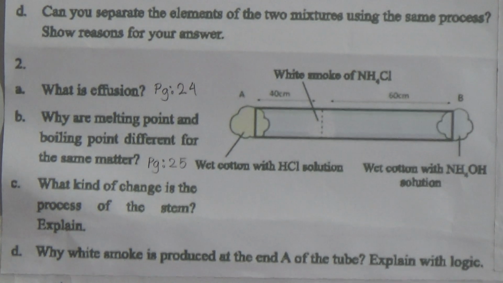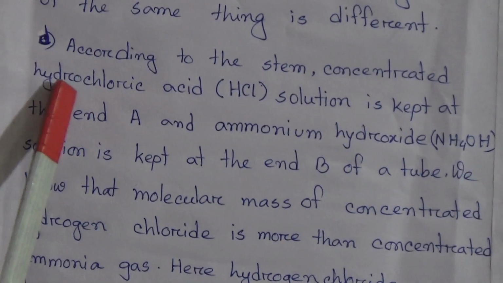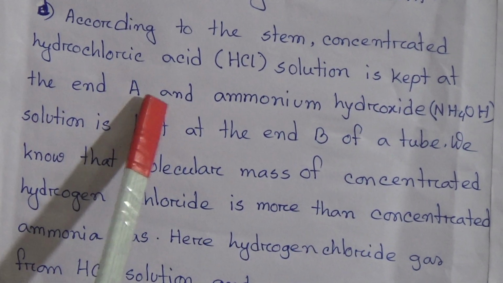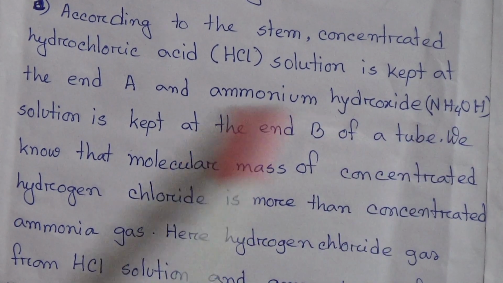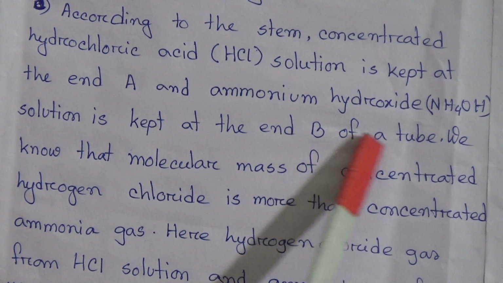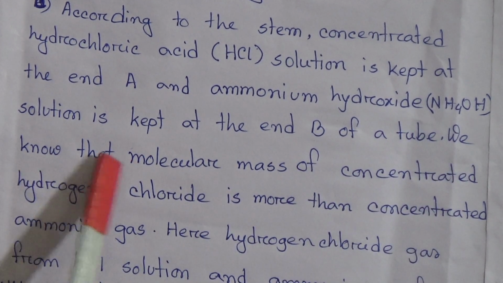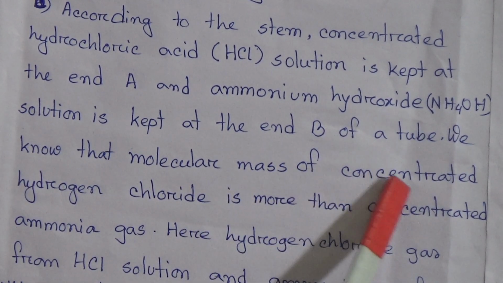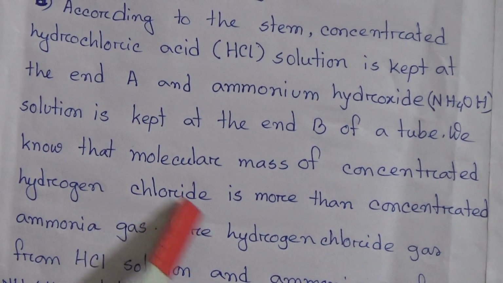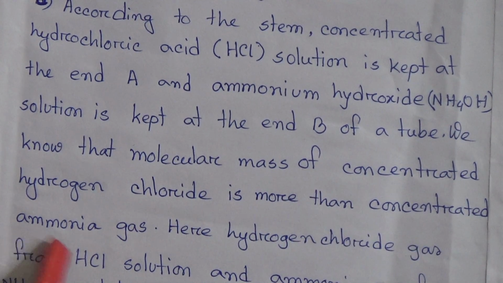According to the stem, concentrated hydrochloric acid solution is kept at the end A, and ammonium hydroxide solution is kept at the end B of a tube. We know that the molecular mass of hydrogen chloride, that means from hydrochloric acid, is more than that of ammonia gas.